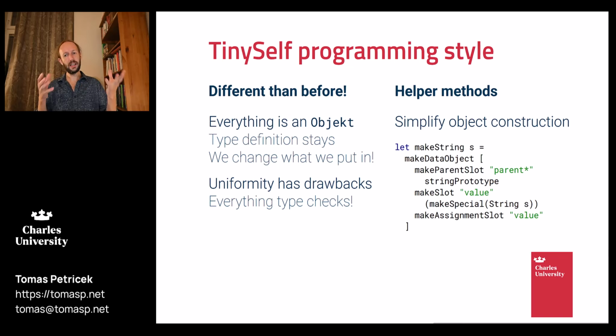So here, each of these make functions that are in the code sample is actually creating just a new object. But if you put them together like this, then you're creating a data object with parent slot, normal slot, and assignment slot. And this way, your code will become a bit more readable and understandable.